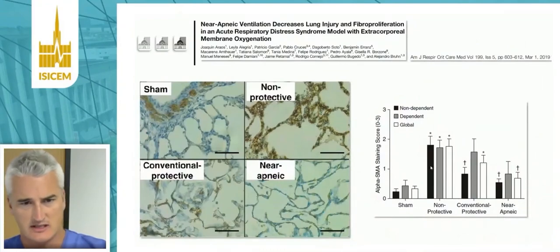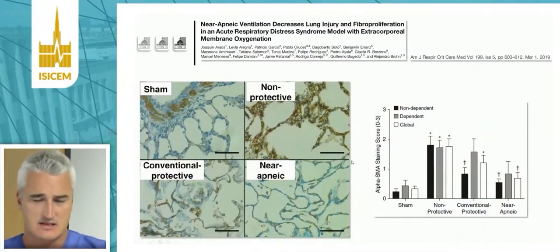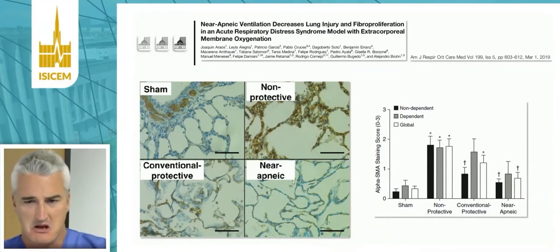Another key question is to know if it's interesting to decrease mechanical ventilation further on ECMO until apneic ventilation. In this animal study, it showed fewer histological lesions of ventilator-induced lung injury. So maybe an interesting thing.